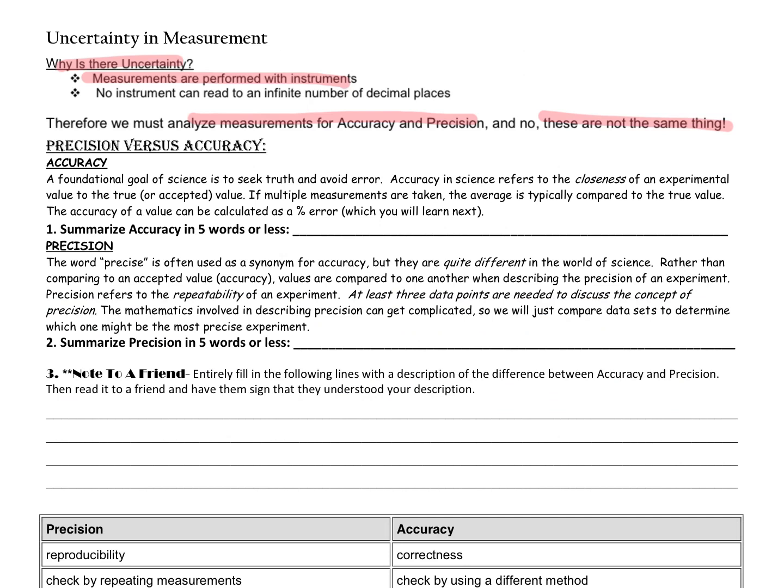So for precision versus accuracy, accuracy is a foundational goal of science, is to seek truth and avoid error. So accuracy in science refers to the closeness of an experimental value to the true or accepted value.